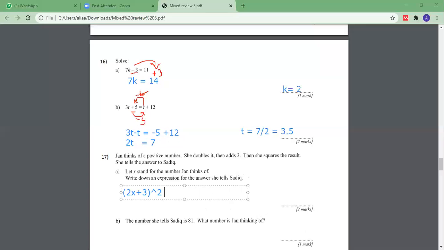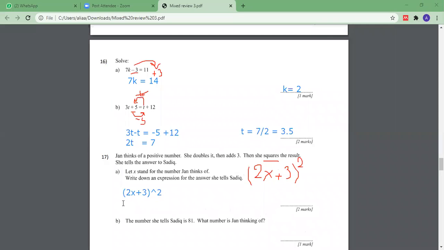Okay, it's expanding two brackets but indirectly, because she's asking you to expand 2x plus 3 power 2, because power 2 means square. She squares the result. Okay, it's easy.